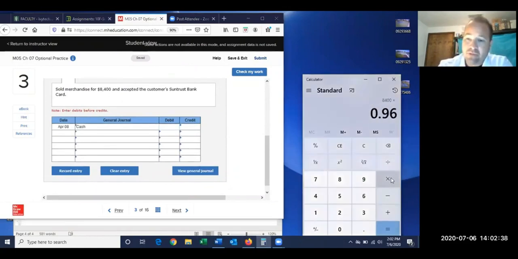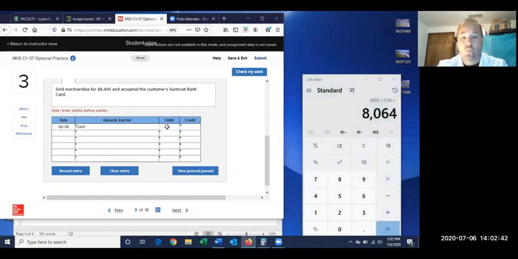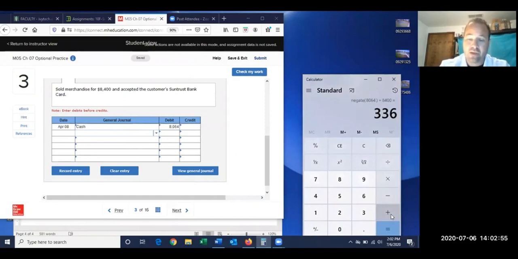So what I'm going to do is simply just take this by 96% and show that we are getting $8,064 out of that initial $8,400. The rest of it, the difference between what we brought in sales versus what we're getting, that $336, that's considered that service fee charge.